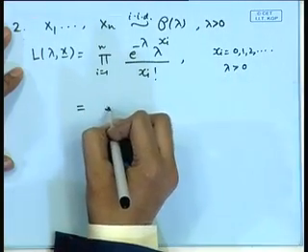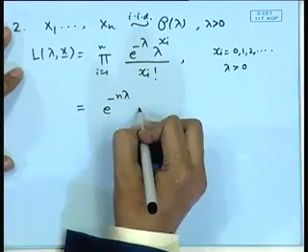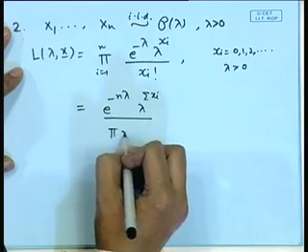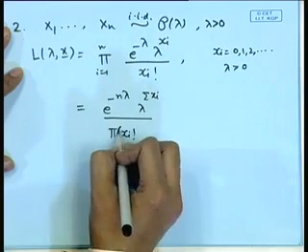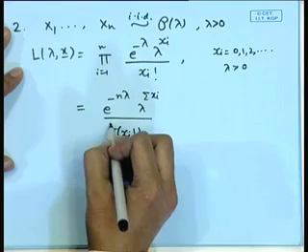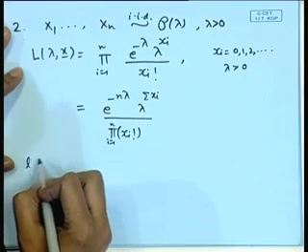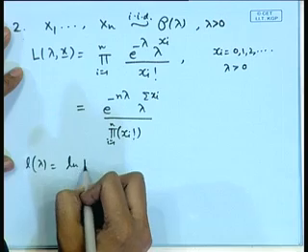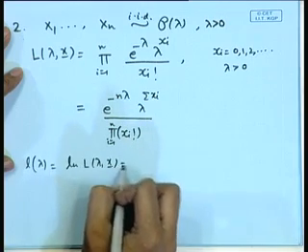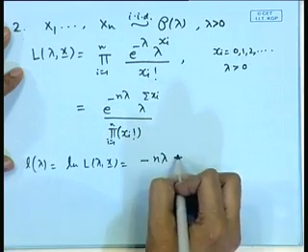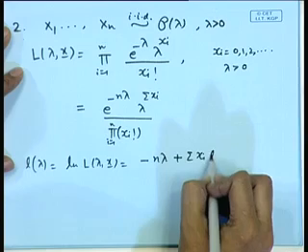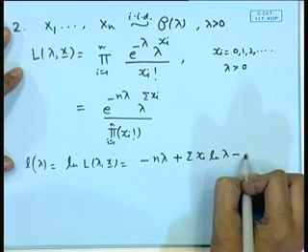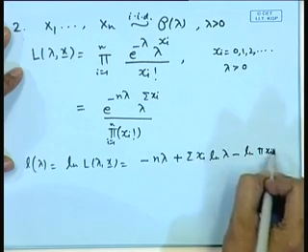So, this is equal to e to the power minus n lambda, lambda to the power sigma xi divided by the product of xi factorial. So, we can write the log likelihood function as minus n lambda plus sigma xi log lambda minus log of the product of xi factorial.